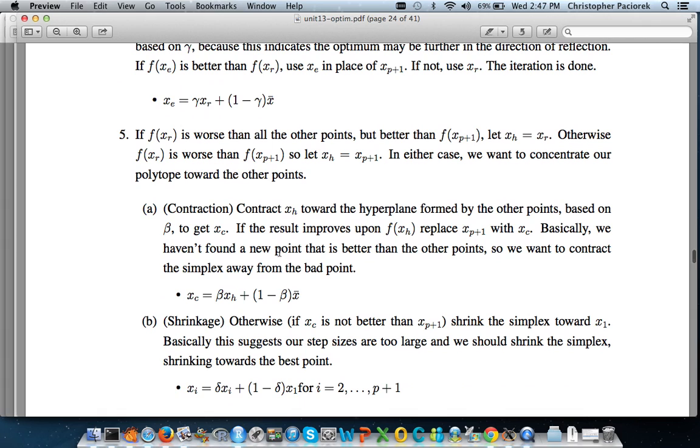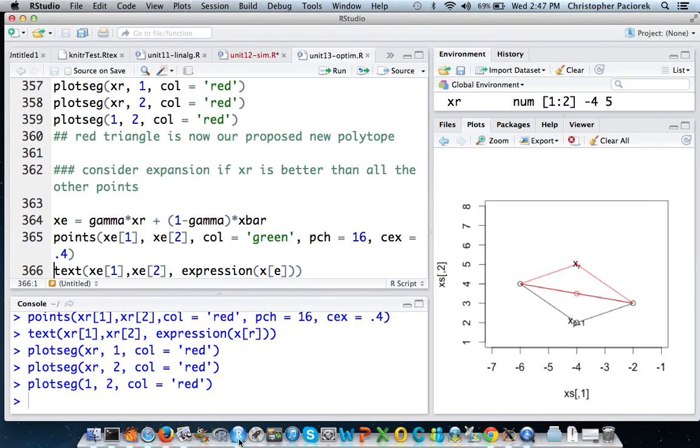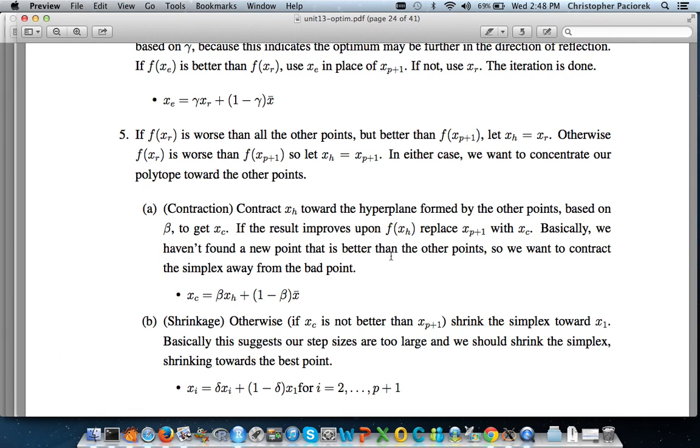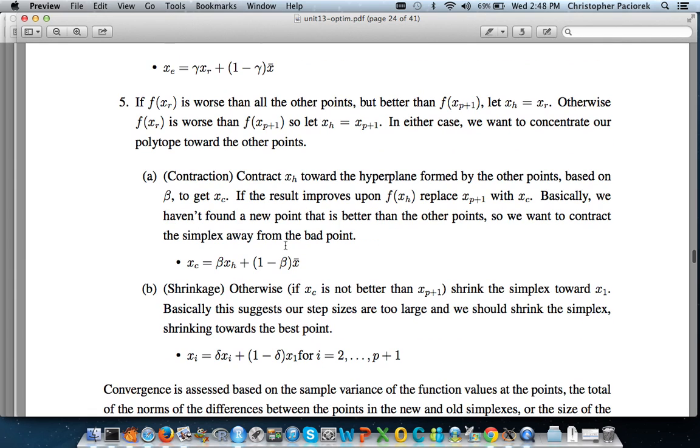So basically, depending on which of these is better, we're going to choose this as sort of an interim point, either this one or this one. And then there's going to be a new sub-step at this point, which involves potentially some contraction. So that's this x h. x h is either going to be the x r point that was the reflection point, or the original x p plus 1.